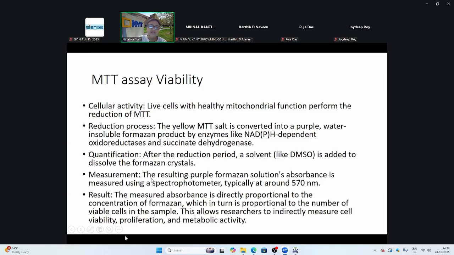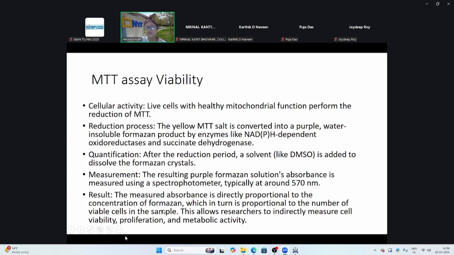Then anything that has changed color, you put into a machine, a spectrophotometer, that measures the optical density at 570 nanometers wavelength. The more the color, the more the concentration of formazan. That means more cells were there in the sample.